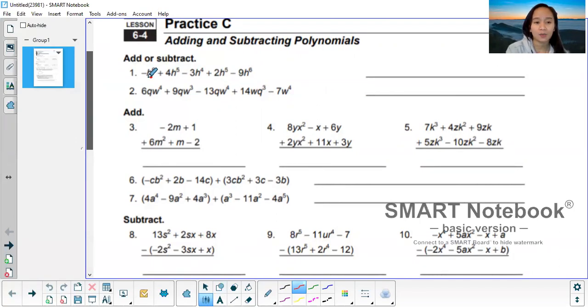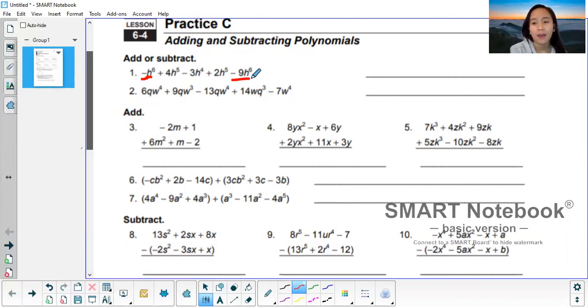So for example, this one, that's h6. That means you can combine that to this one. Take note, the sign in front of that should be taken or considered, okay? So this is negative h6 plus negative 9h6, or you can do negative h6 minus 9h6. That will still give you the same answer.